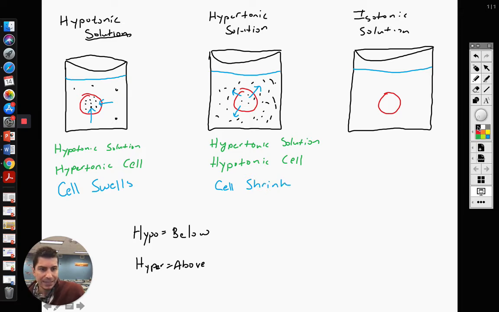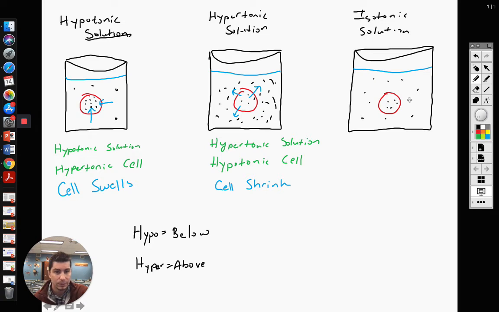And the last one, isotonic, you could say it's an isotonic cell too. Isotonic solution, isotonic cell, this is like the same. That means we are going to have the same concentration of solute to solvent inside the cell as outside. Now, I get it. Look, there is more solute particles. I drew 1, 2, 3, 4, 5, 6, 7, 8 outside, and I drew 1, 2, 3, 4, 5 inside.